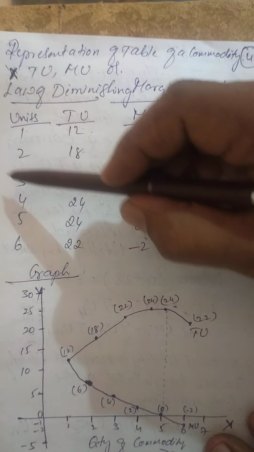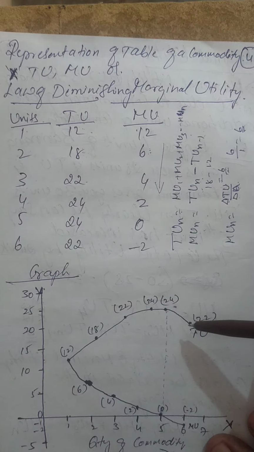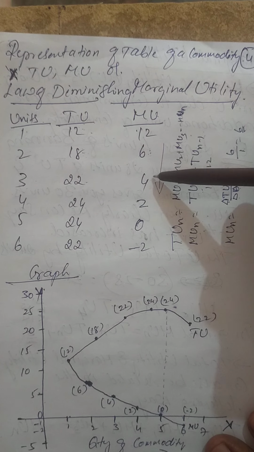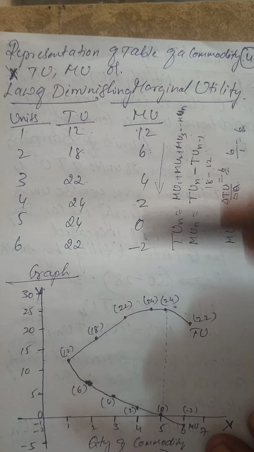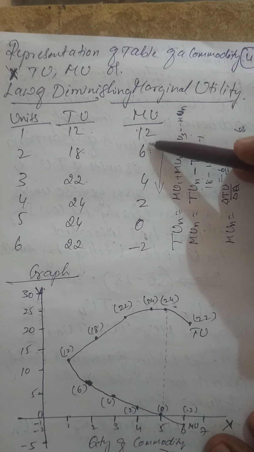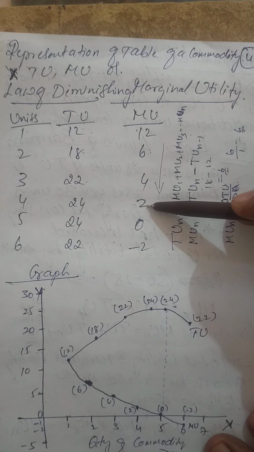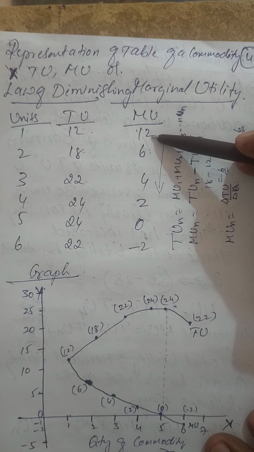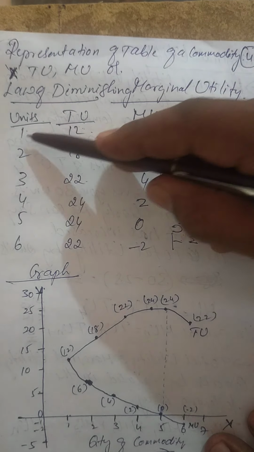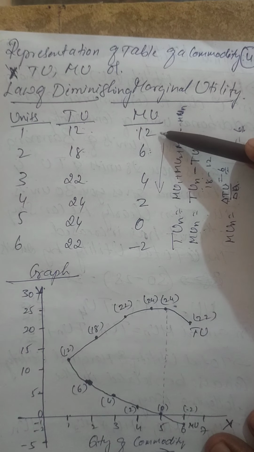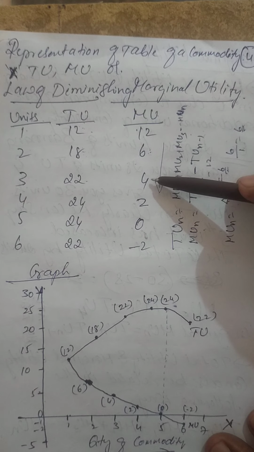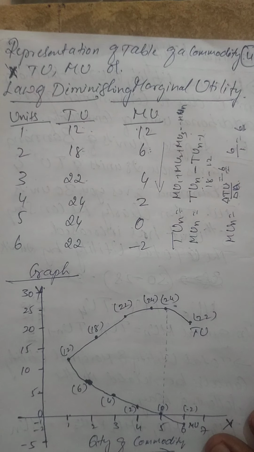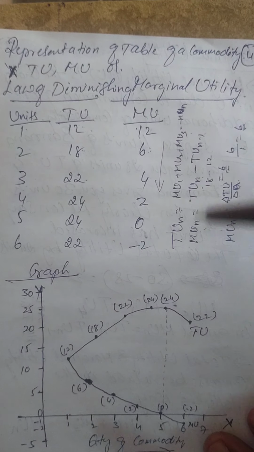When I keep having more and more of the commodity, I feel like just skipping. So my satisfaction level decreases. I don't feel that if I have a third unit also, I'll get 12 units of satisfaction. No, because from the first unit only I got 12 units of satisfaction. The product is already there in me, and that product doesn't give me more comfort.